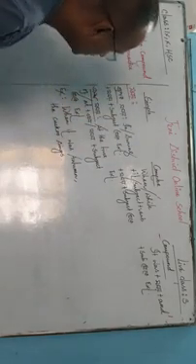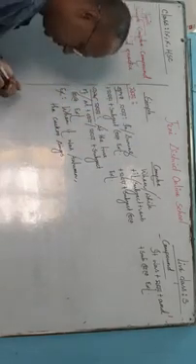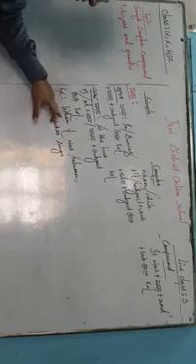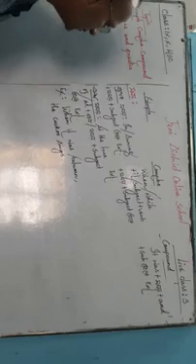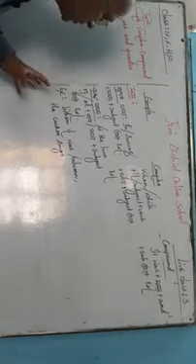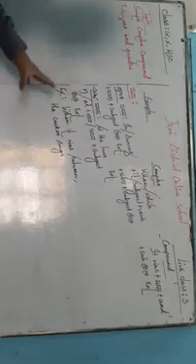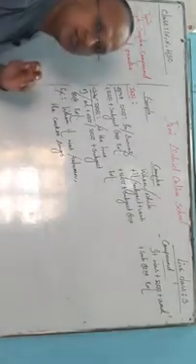See here, when it was autumn the cuckoo sings. So what type of sentence is this? Must be complex, because here you find when. In complex sentence you will find some mark, subordinate clause mark here. Here the clause mark is when.